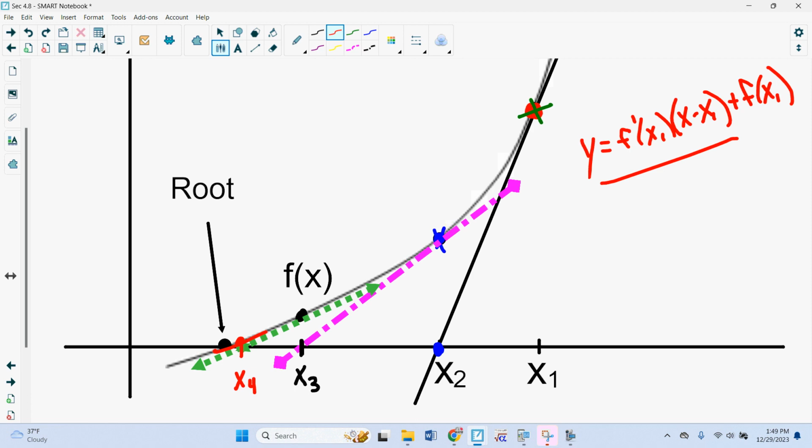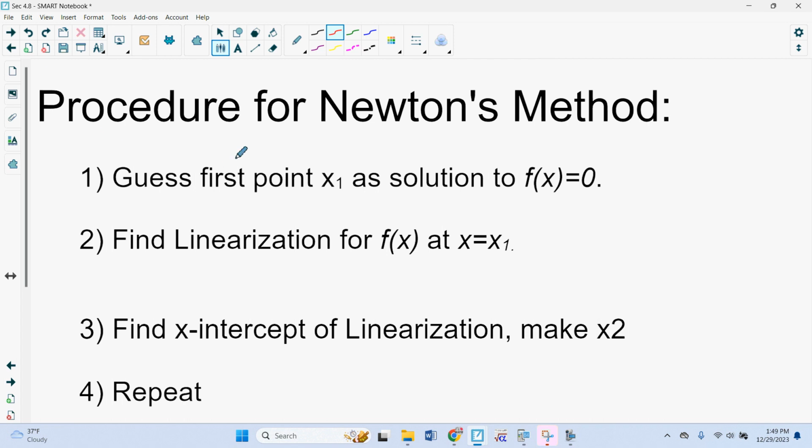Now, let's look at the procedure for doing this. So first, you are going to guess x1, maybe given x1, as a solution to our function. Then you're going to find the linearization.